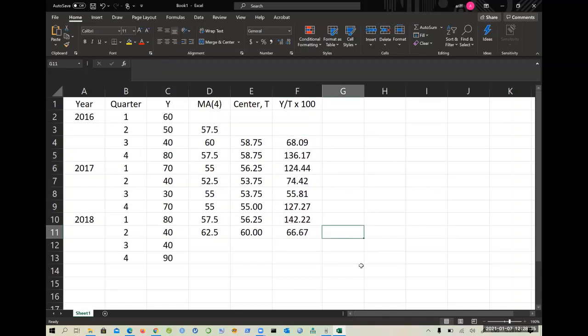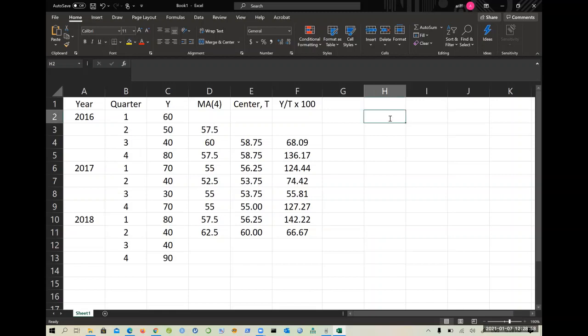Okay, the last column is the column for you to work out the seasonal variation. So how to get the seasonal variation? So the next thing that you need to do is to rewrite the Y over T times 100 in the original form of table. So the original form of table will have the year over here.